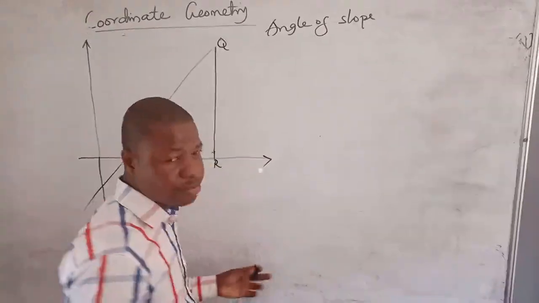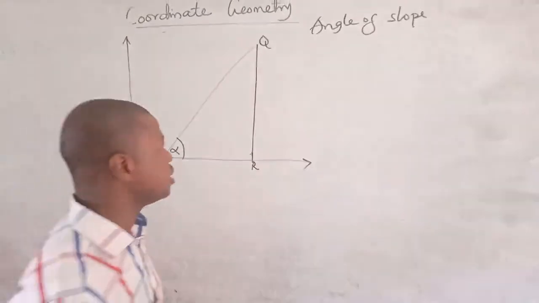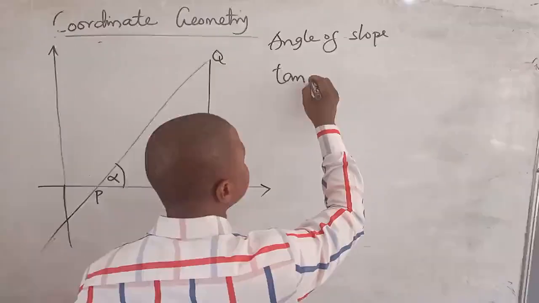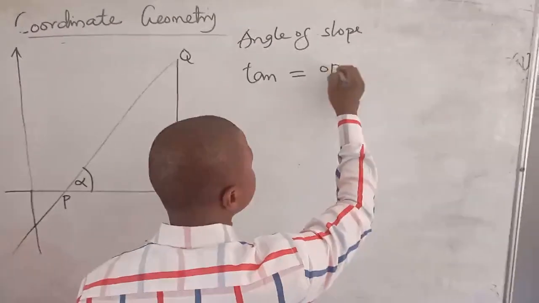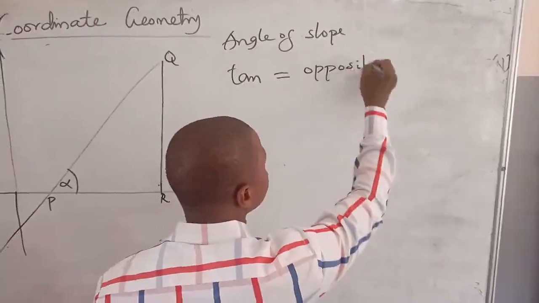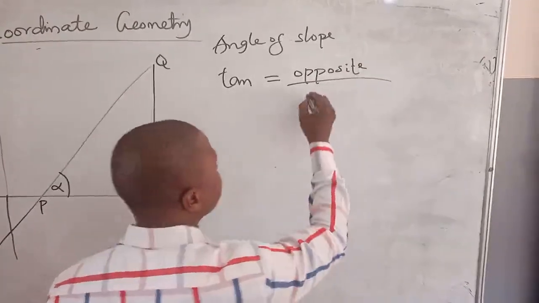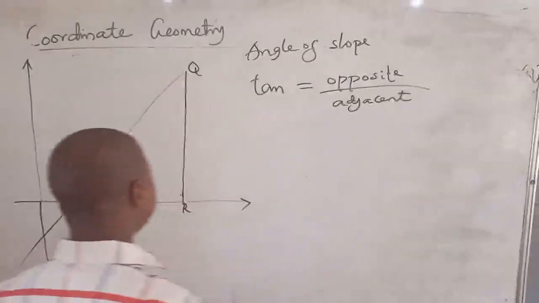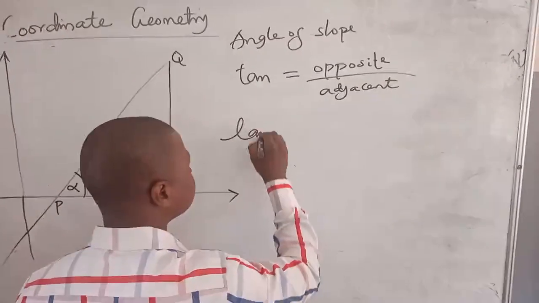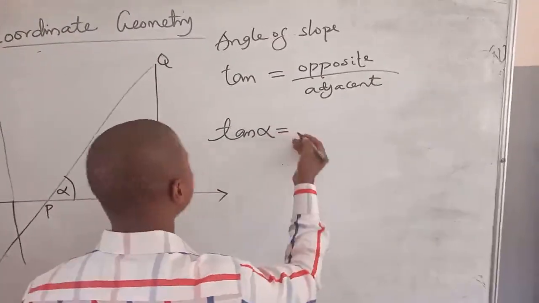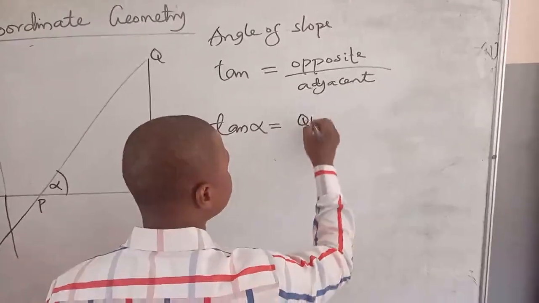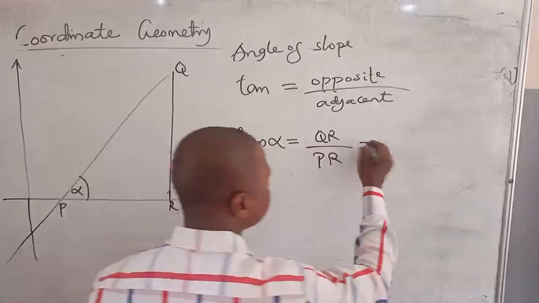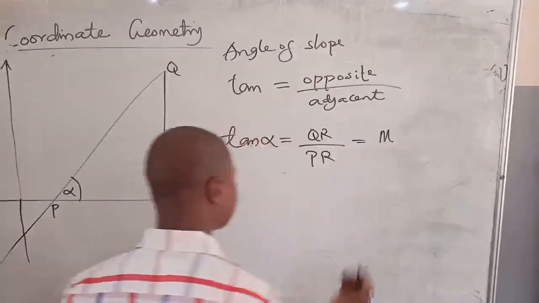And if you remember from your trigonometric identity that tan equals opposite over adjacent. Therefore, we can say tan alpha equals QR over PR, which also equals M, that is the slope.